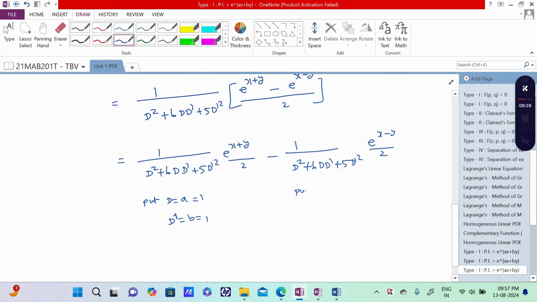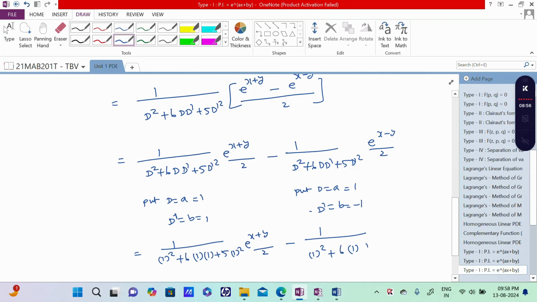For the second, put D equal to a, 1, and D dash equal to b, minus 1. When I substitute, D equal to 1: 1 square plus 6 into 1 plus 5 into 1 square, e power x plus y by 2, minus 1 divided by 1 square plus 6 into 1 into minus 1 plus 5 into minus 1 square, e power x minus y by 2.